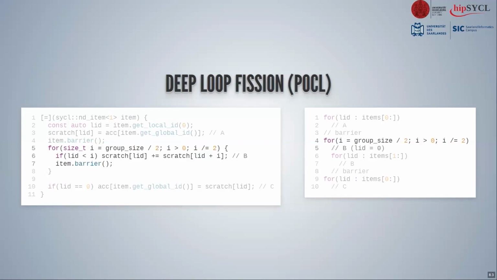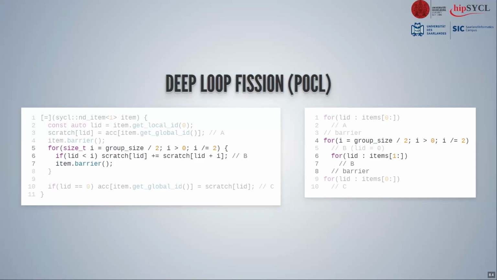So it's pretty simple. But what's more difficult is the part in the middle where we have a barrier inside of a loop. So what it does here is it first executes the loop, like the loop header, which decides how often this loop is being executed, for the first work item only. So this is why we have the local ID equals 0 here, basically. But the thing now is that this decides for all the work items that are being executed in this part how often this loop should be executed.